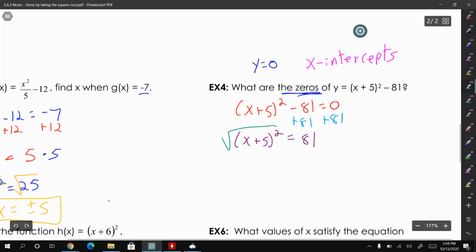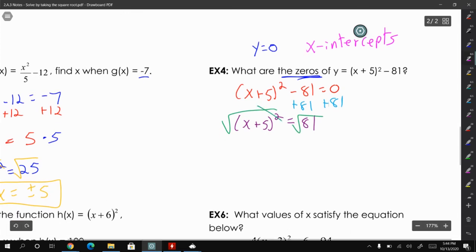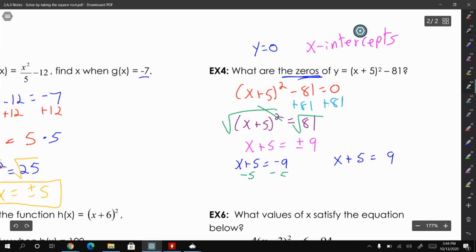And when we take the square root, because we have this x plus 5 in parentheses, that's going to stay with us. So it's going to be x plus 5 equals plus or minus 9. So now we have our two separate equations, where x plus 5 equals negative 9 and x plus 5 equals positive 9. Subtract 5 from both sides, x equals negative 14. And in the second one, subtract 5 from both sides, and x equals positive 4. So these are the two solutions.